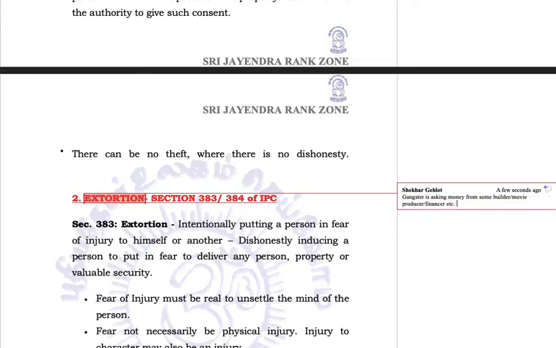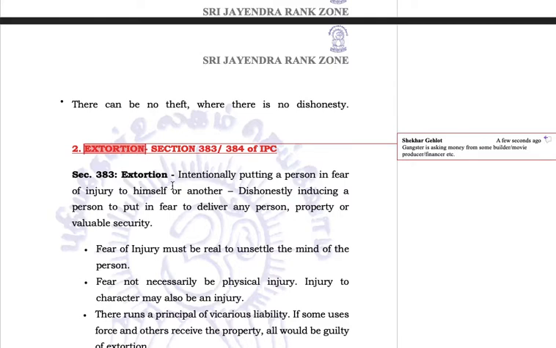You must have heard it a lot or read it in the newspapers that some gangster is asking money from some builder, movie producer, financer, etc. This act of asking money is called extortion. The legal term for this kind of act is extortion. Now you understand what is extortion. Let us read how the IPC deals with this term extortion.